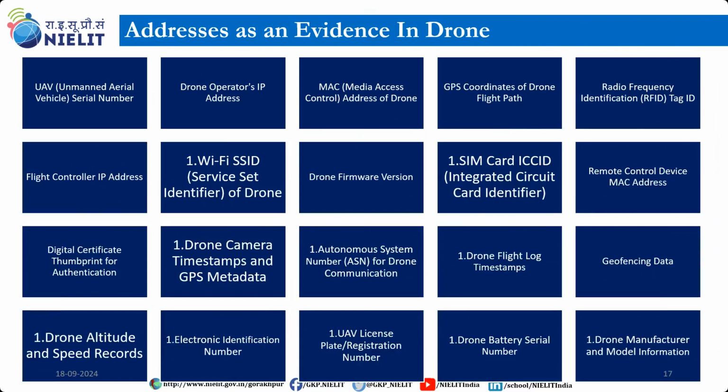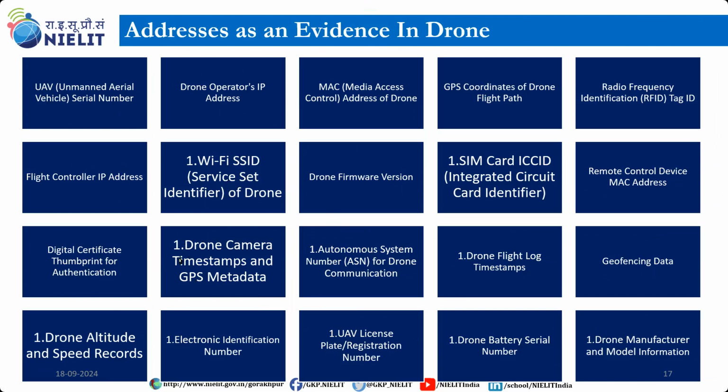So with the help of these modules, address and parameter, we can have addresses like UAV serial number, drone operator IP address, MAC address present in the drone and IC card, GPS coordinate, radio frequency identification tag ID, Wi-Fi SSID to which the drone is connected, SIM card. If this drone has a SIM card module, then what is the SIM card number associated with this drone?